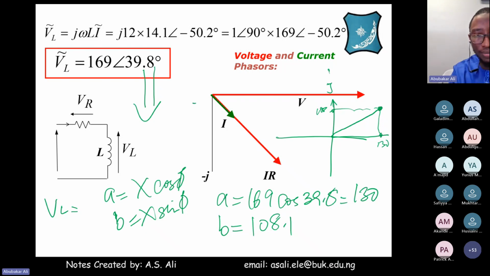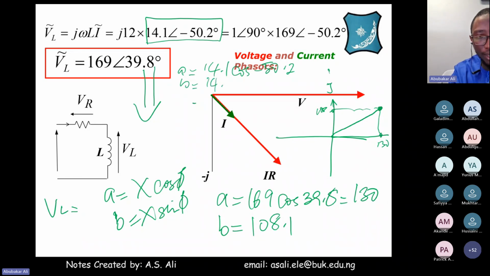And what is I? This is I, right? 14.1 minus this. So let's make I also to be in Cartesian form. So the A of I is 14.1 cos of minus 50.2 degrees. And you can do the B as well, 14.1 sine of minus 50.2 degrees.